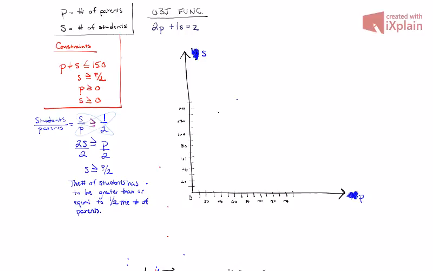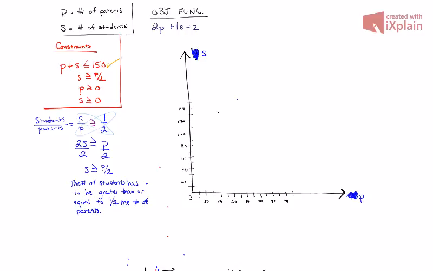So the first thing that I'm going to do is graph the first line in orange so that p plus s is less than or equal to 150. You can get this into slope-intercept form if you wish. You can also graph this pretty easily by looking at the intercepts.